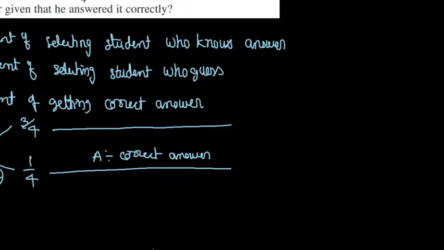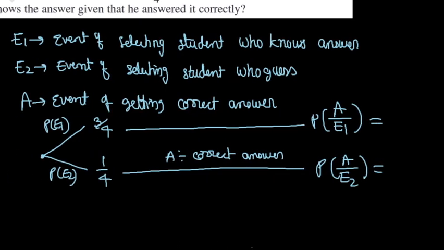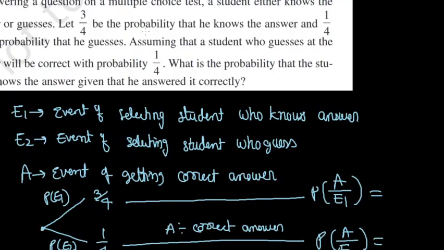Now here we will write the conditional probabilities: getting the correct answer from the student who knows the answer, and getting the correct answer from the student who guesses. The question gives that a student who guesses will be correct with probability 1 by 4.